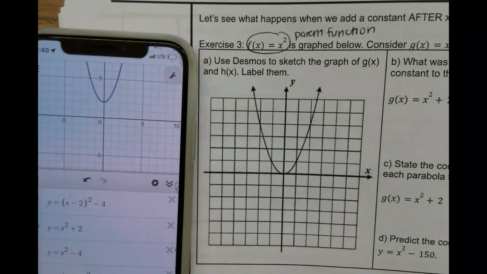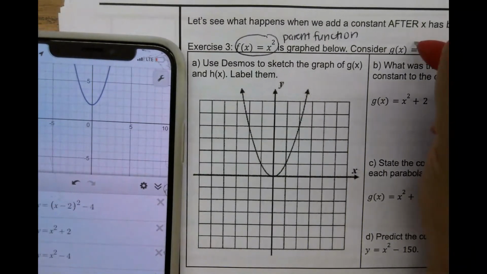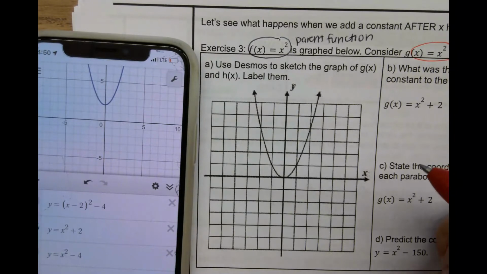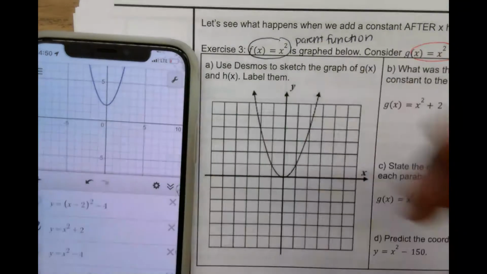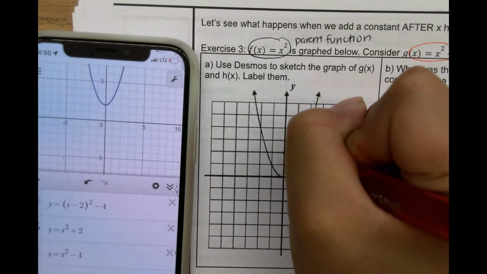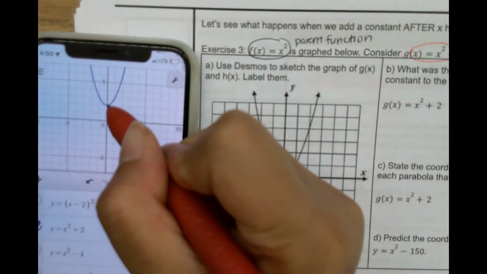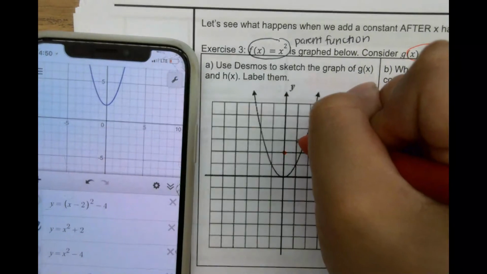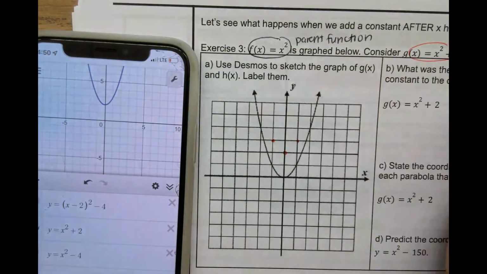Okay. So let me graph it. Okay, so I'm going to do this g of x equals x squared plus 2 here. And so the vertex here is at 0 comma 2. So I'm going to do 0 comma 2. Next clear point is right here at 1 comma 3, and I'm going to mirror it over from my vertex.